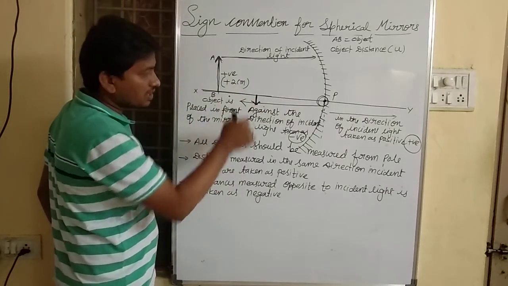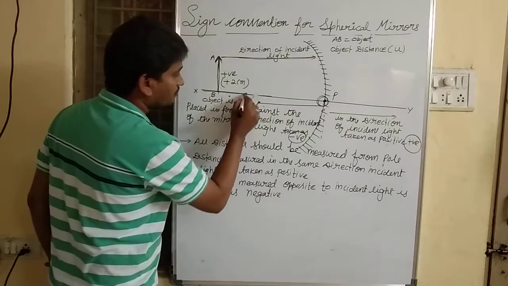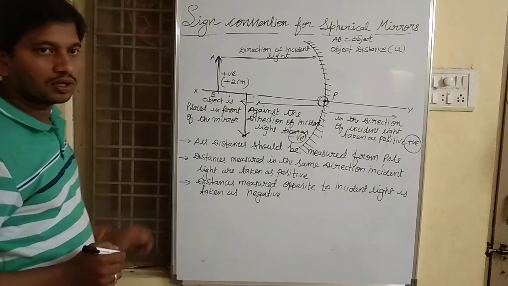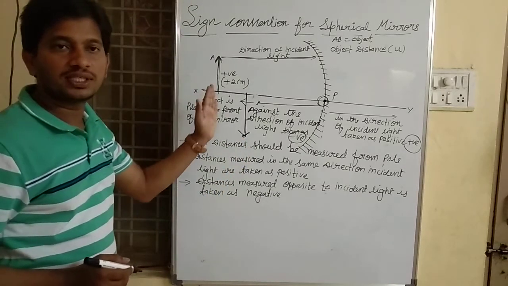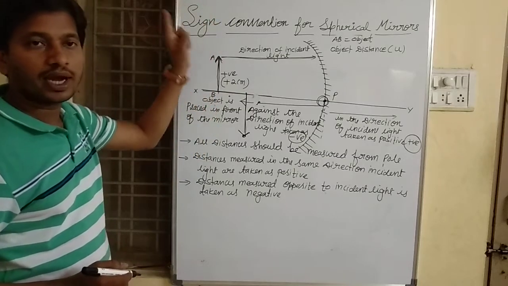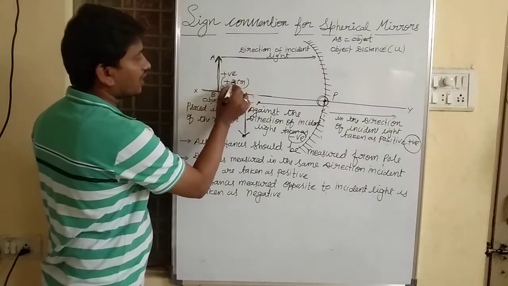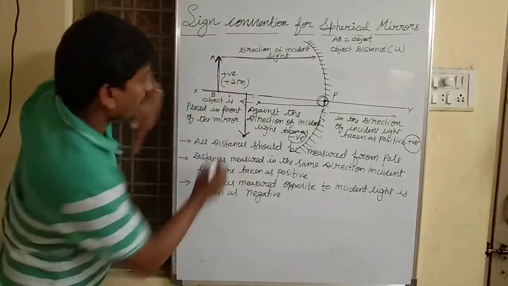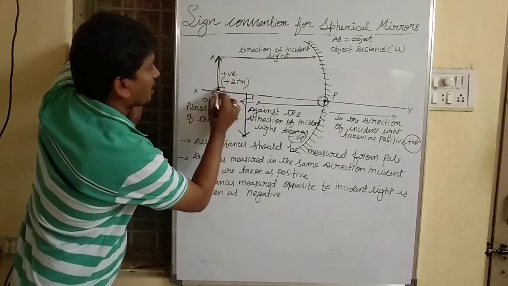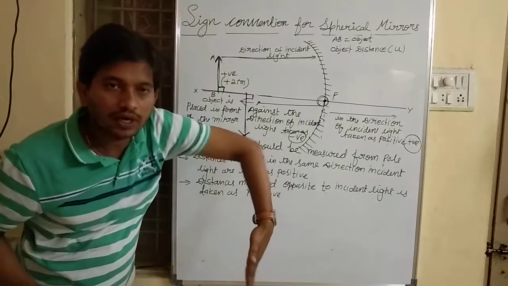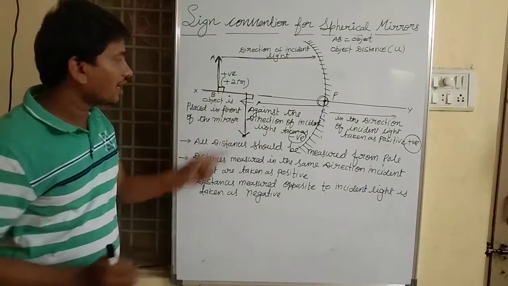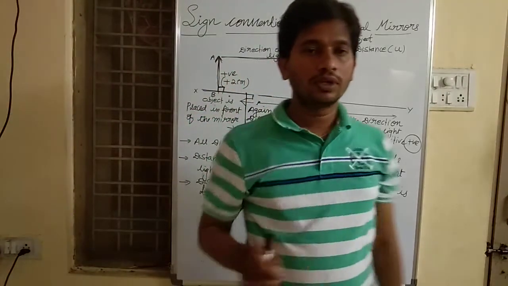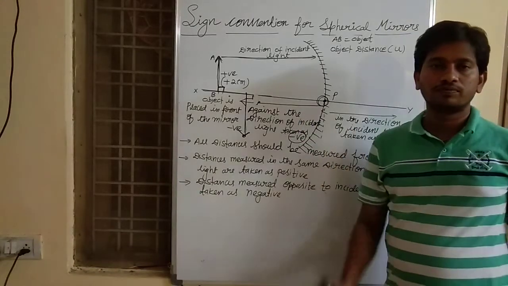Distances measured downward and perpendicular to the principal axis are taken as negative. If you measure distances upward and perpendicular to the principal axis, you take it as positive. If it is upward, we take positive; if it is downward, we take negative.